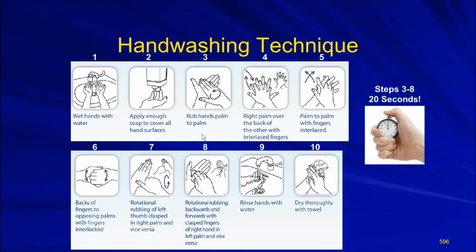The last and final step for proper hand washing technique is a rotational rubbing of the finger pads on the opposing hand's palm. So make sure that you cover the fingernail beds, as those can be very important sites of bacterial colonization. Bacteria love to live and grow underneath the fingernails.